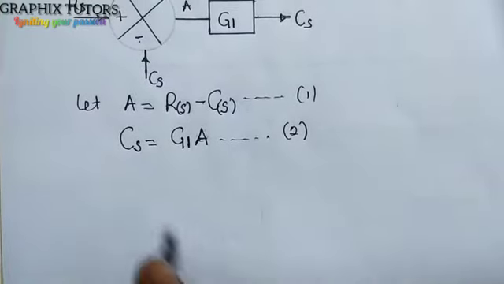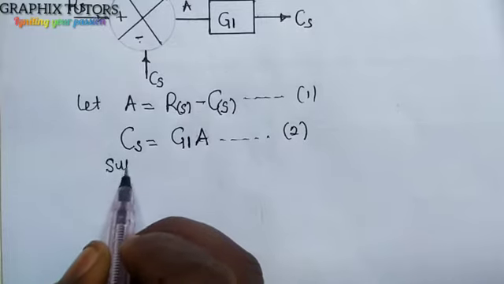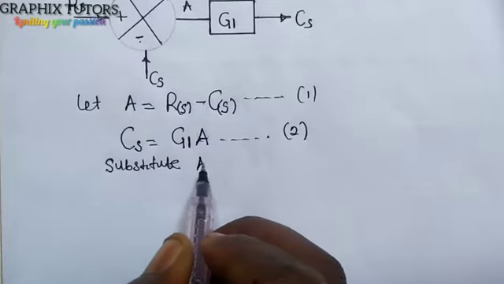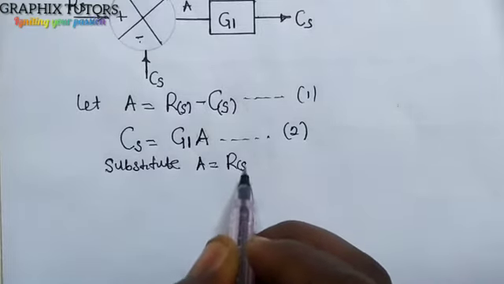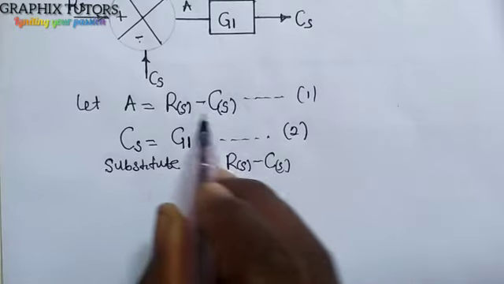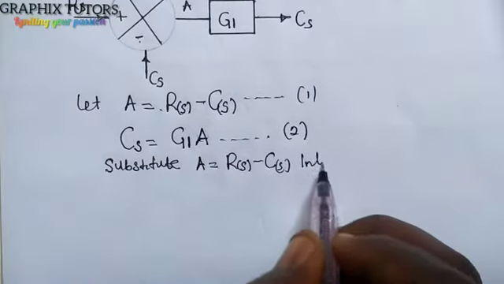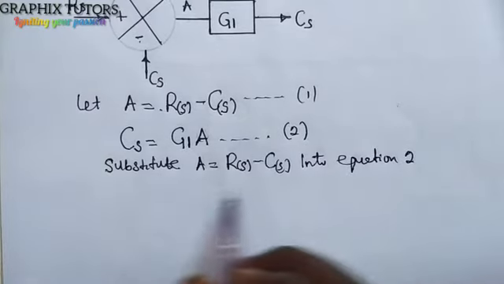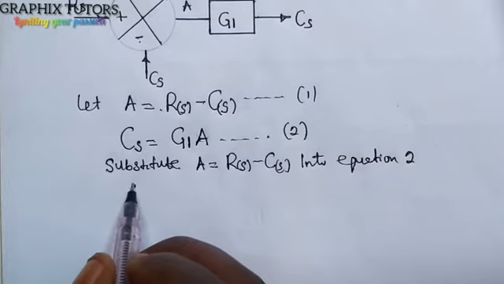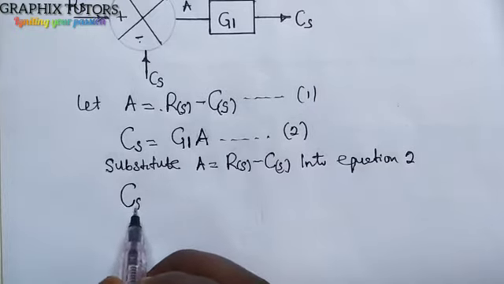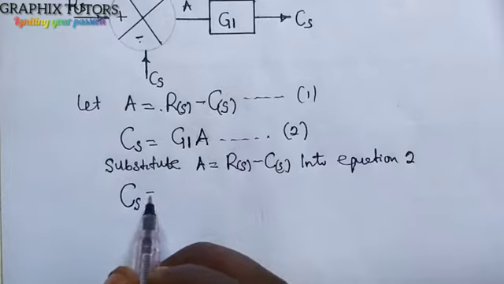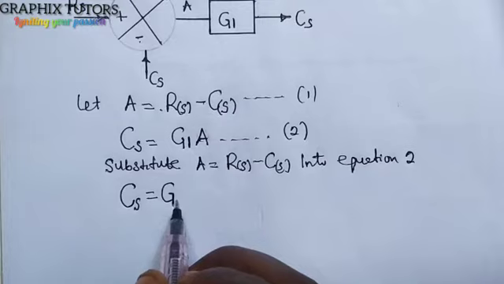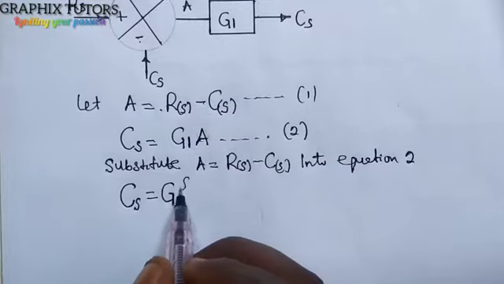At this point here, you substitute A, equal to this minus this, which is this, into equation 2. So we say that the output signal is equal to the transfer function G1 multiplied by A.